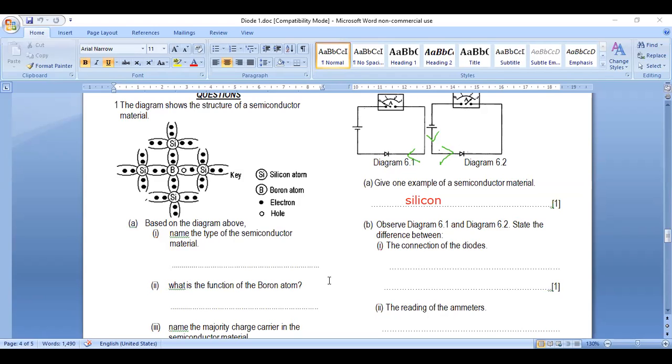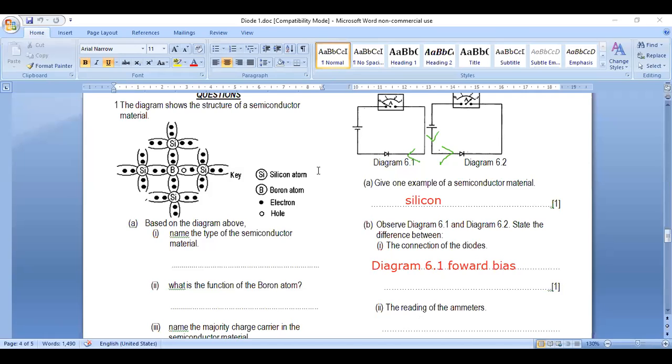Okay, so this one you just say diagram 6.1 is forward bias. Sorry, diagram 6.2 is reverse bias. Yes, correct.